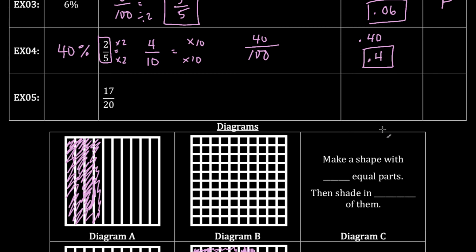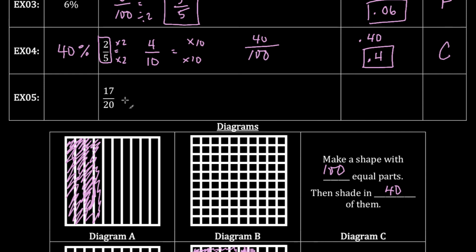And let's go ahead and, oh, I kind of already did this one already. All right, well, I'm going to just use diagram C, I guess. So 40%. So that means I make 100 equal parts and I shade in 40 of them. Easy enough. Cool.